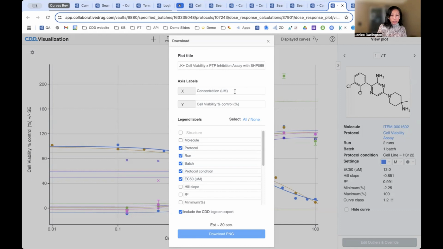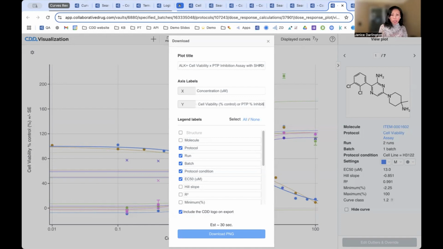I've got concentration on my x-axis, which is common in both. Now I've got my ALK positive cell viability as a percent control, or here I also have my PTP percent inhibition.